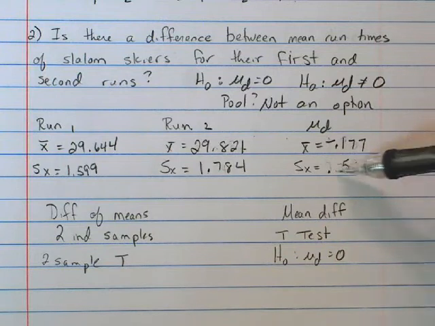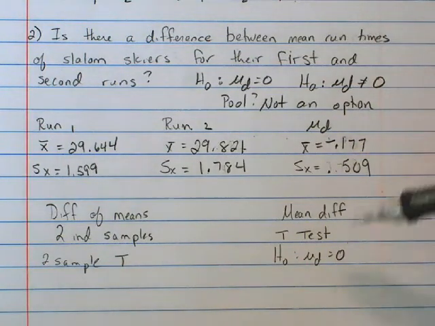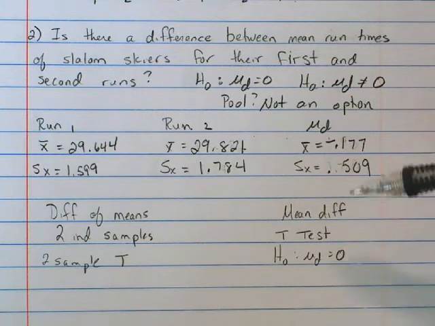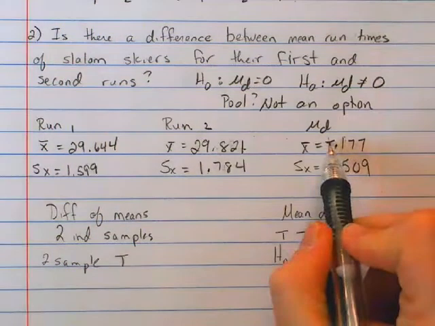So even though there's visually and numerically a difference, statistically, there isn't. The average speed that skiers go on the first run and on the second run isn't different. It seems to be pretty darn consistent.